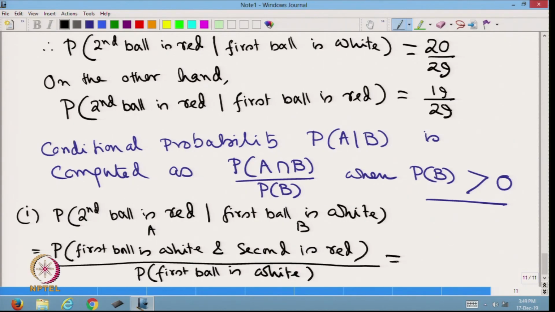The probability that the first ball is white is 10 upon 30. Then the second ball is red, that probability is 20 upon 29, divided by the probability that the first ball is white, which is 10 by 30, and when it cancels we get 20 upon 29.